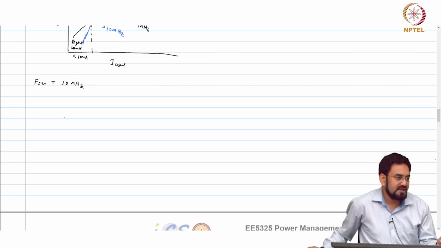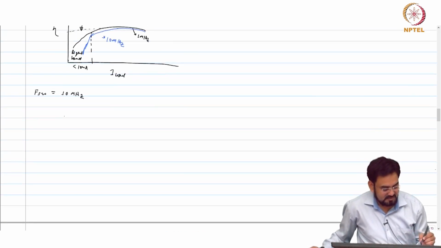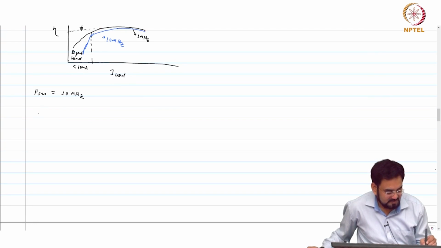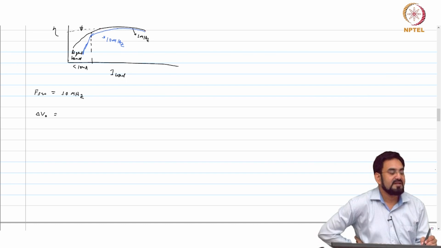So FSW is 10 megahertz. How do we choose L and C now? Your ripple spec. So delta V out, how much was that? Anybody remembers?